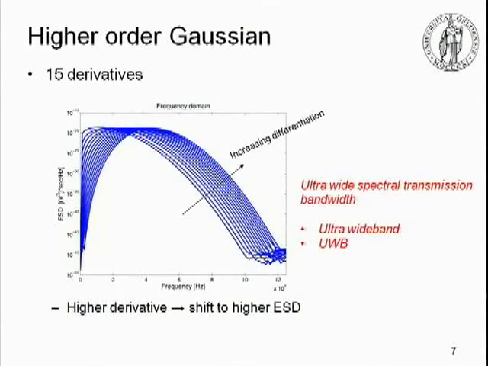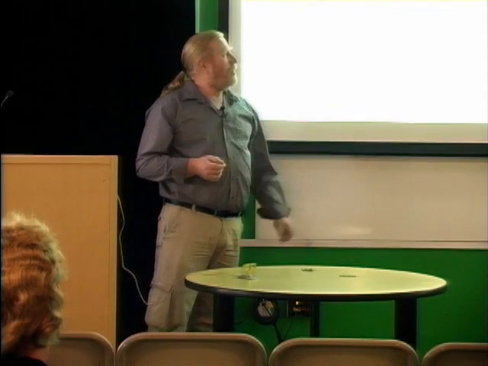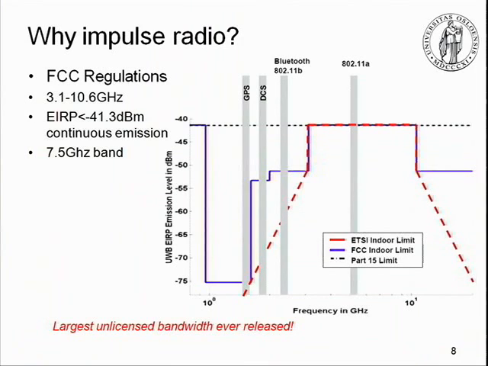The reason I'm telling you about it is that this notion of ultra-wideband, which was approved by the FCC, I think, in 2002, sort of gave us an opportunity to explore these kinds of devices, even without a license. And it's quite interesting that the 3.1 to 10.6 gigahertz unlicensed bandwidth is actually the largest bandwidth ever released.